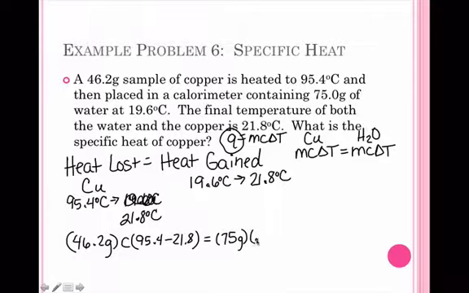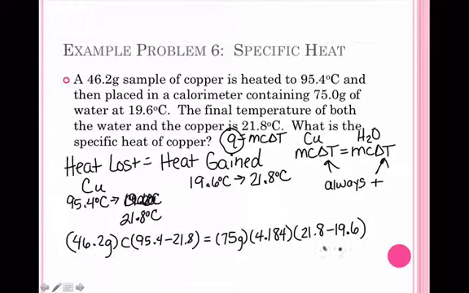We know the specific heat of water is 4.18, and we'll be a little more specific and say 4.184. And then I don't want to end up with a negative specific heat, so I'm going to take the 21.8 minus 19.6. When you're doing these, you need to make sure your delta T's are always positive. So I just do all of this and I end up with the specific heat for copper.